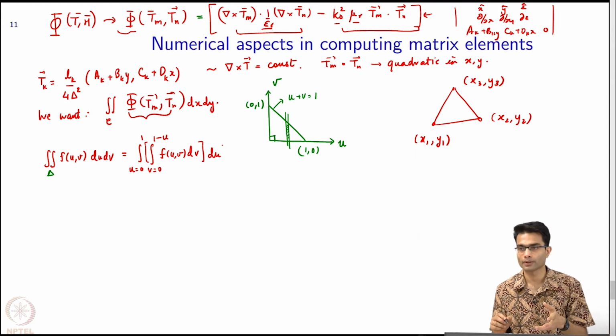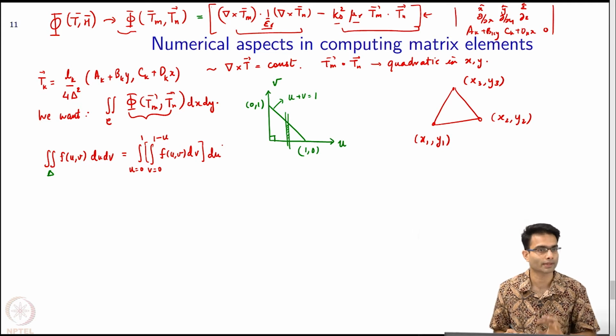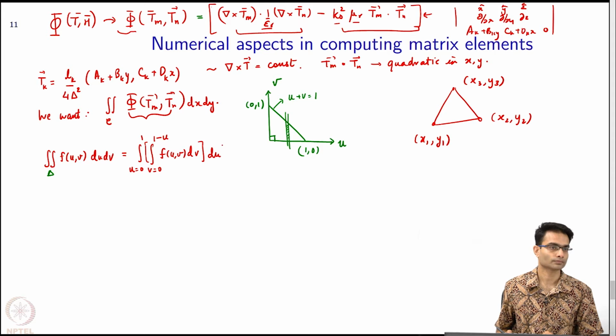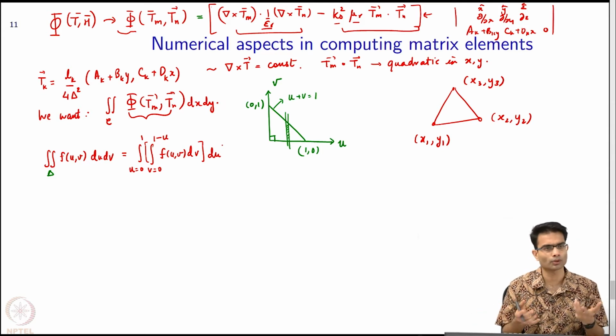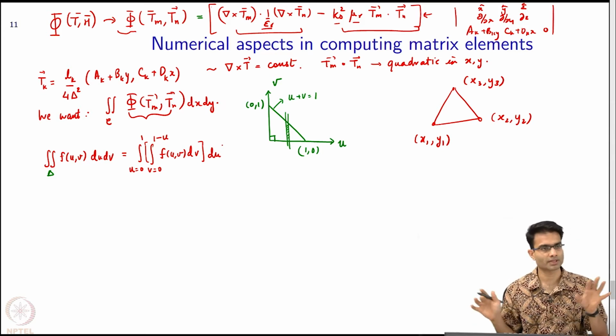So, this is how I would do it, and if f is polynomial, you can see this will be very simple to calculate, right. Can I get a closed form expression for it if f is polynomial? Yes, you will get a closed form expression, because finally they will just be polynomials. I can integrate them, substitute the limits, and I will get it.